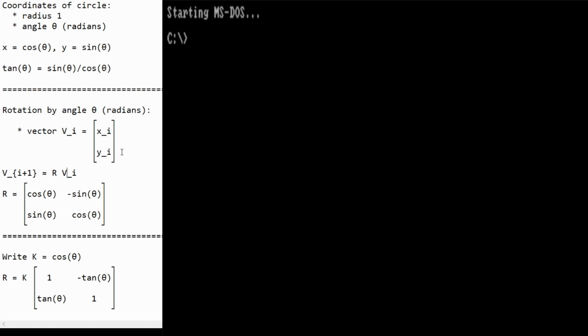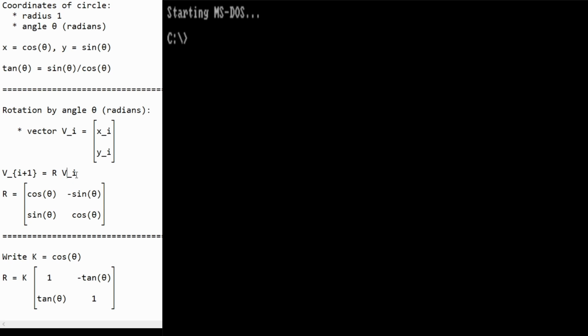And then I'm going to show you an equation which will allow us to compute the rotated point, in other words, this point rotated by the angle theta, anti-clockwise, and it's going to work for any point that we start with. It doesn't even need to be on the unit circle. And that's this equation here.